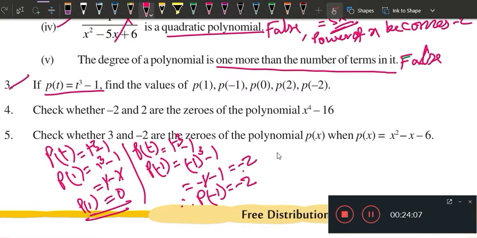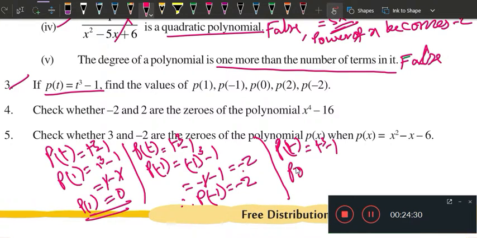Okay children, similarly P of 0. P of t is equal to t cube minus 1. If you write like this, you won't be confused. P of 0 means substitute t equal to 0.